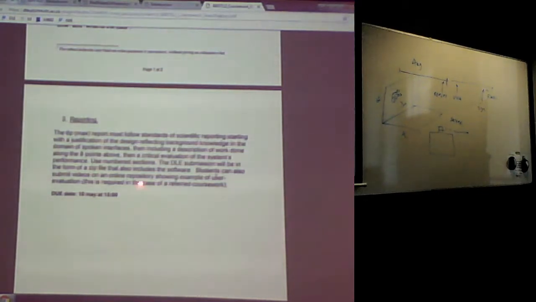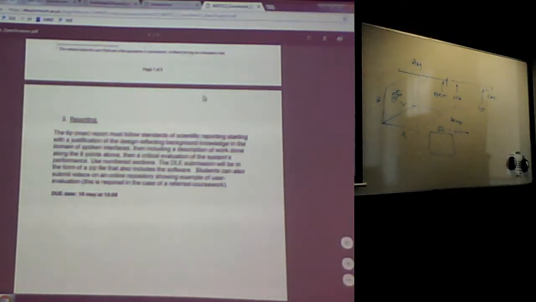If it's a referred coursework, then it's another story. Due date is mentioned here. Try to avoid a referred exam, because it's an exam that's out of my control. Questions?